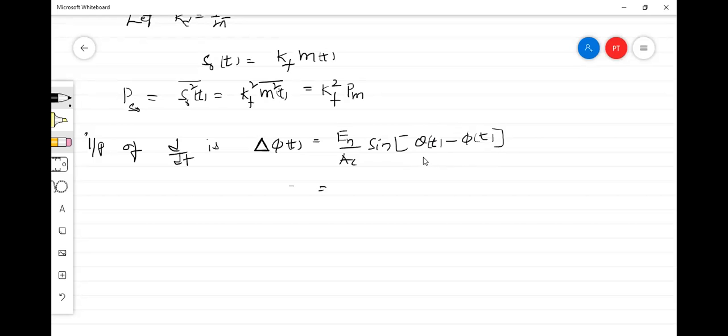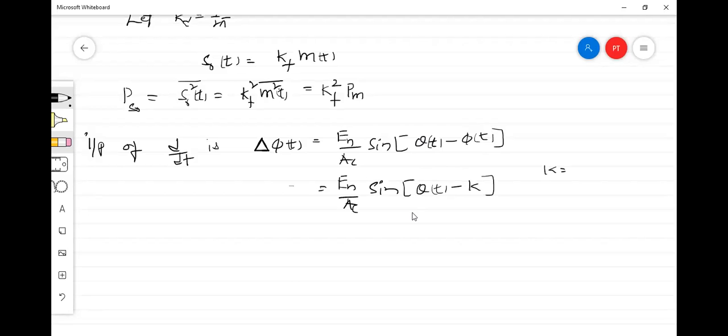So as far as this is concerned, we can think of the message-signal term as a constant, because its angle variation is very slow compared to the noise one. So we can write it as n by AC sine theta of t minus some constant.